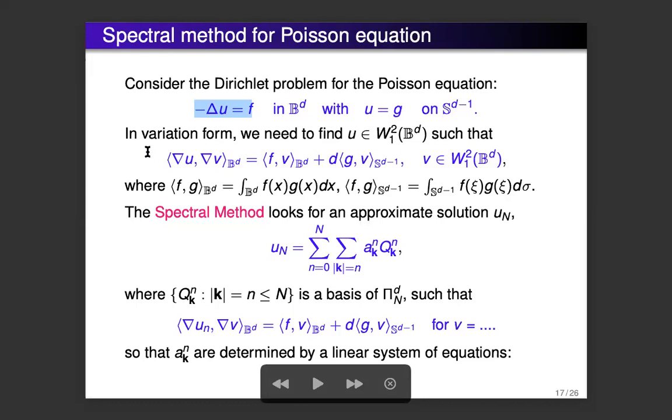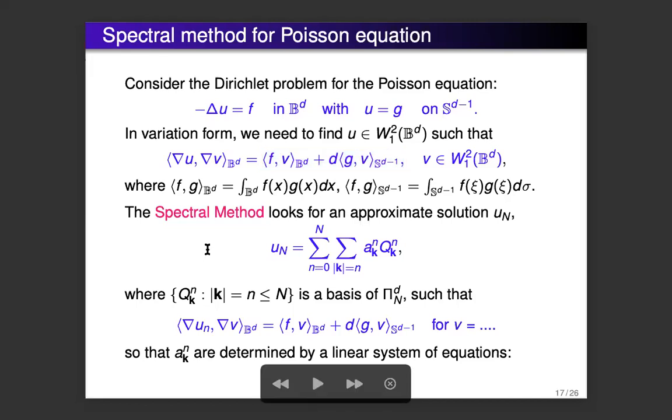It says the gradient of u dot gradient of v, you integrate this on the ball, equals f times v integrated on the ball, and then g times v on the boundary. So this is the variational form of the equation. On the right-hand side there are f times v and g times v. This is an integral on the ball, this is an integral on the surface.